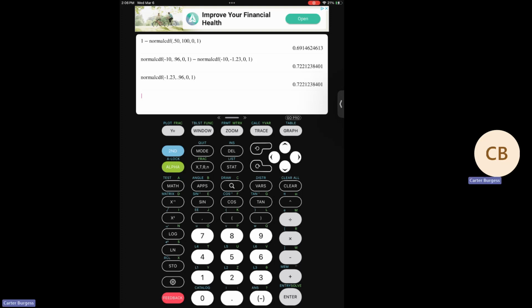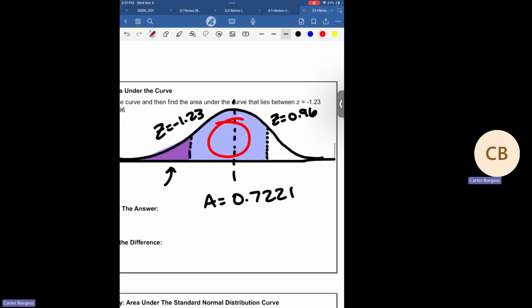All right, questions with 5.4? That's it. That's 5.4. Can you go over the problem one more time? So what's our lower bound? What's the lowest possible z-score? Is that the lowest possible z-score, if we're looking for z-scores between negative 1.23 and 0.96?